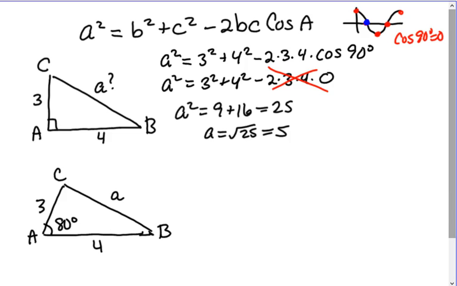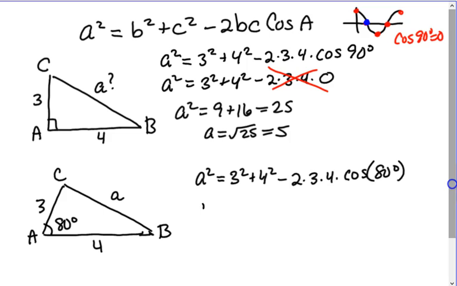So a squared is equal to 3 squared plus 4 squared minus 2 times 3 times 4 times cosine of 80 degrees. So a is going to be equal to the square root of all of this: 3 squared plus 4 squared minus 2 times 3 times 4 times cosine of 80.